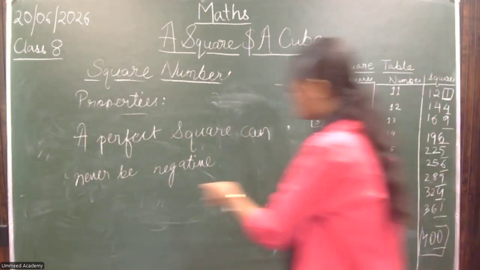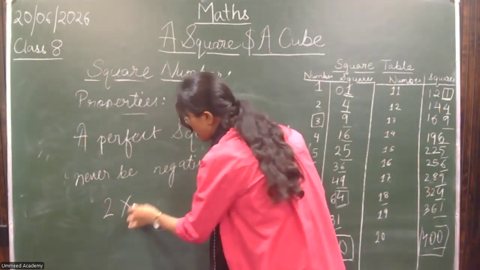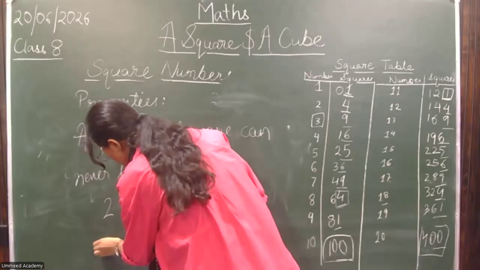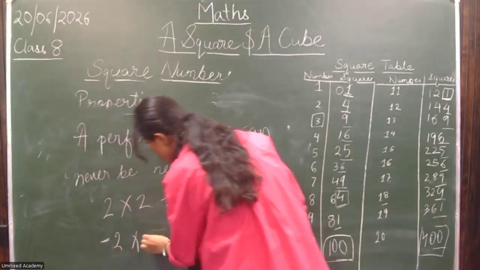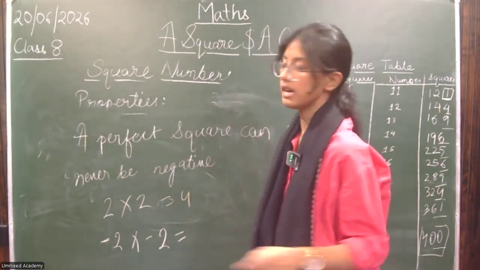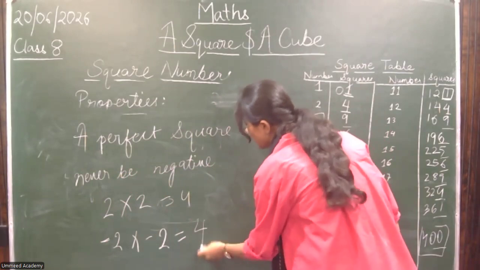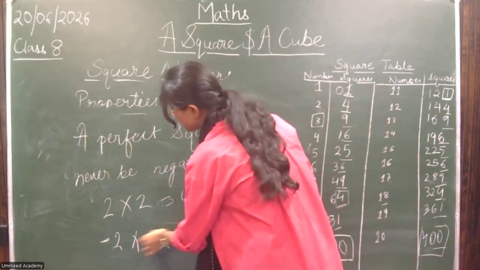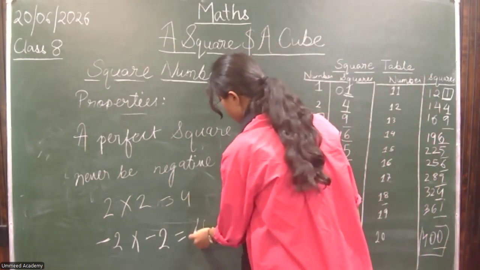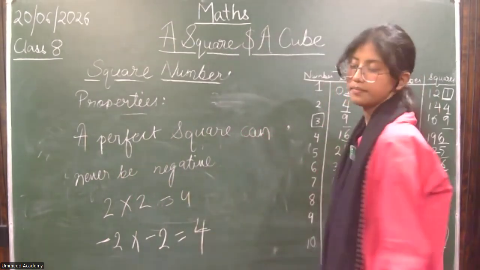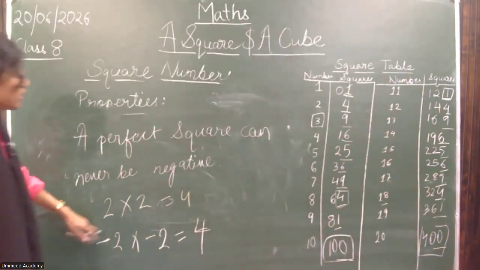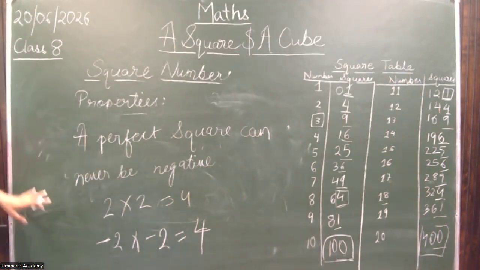How? See, 2 ka square we have 4, okay? Now, if we do minus 2 ka square, we are not getting minus 4 as the answer. We are getting 4 only as the answer because minus minus is plus. Pulkit, are you understanding? Are you attentive? Yes, ma'am.